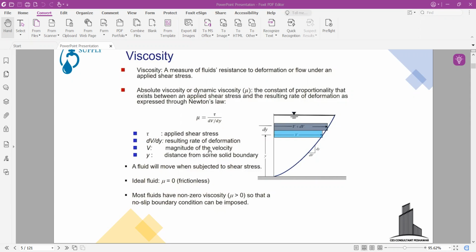V is the magnitude of velocity, and y is the distance from the solid boundary. So you can see here that y is the distance from the boundary. dy is just the differential part of that fluid, showing the deformation dV by dy in the direction of flow.